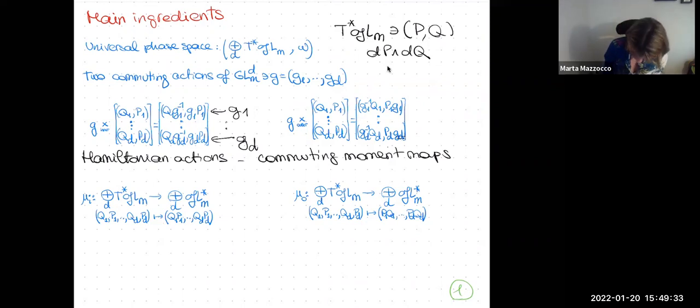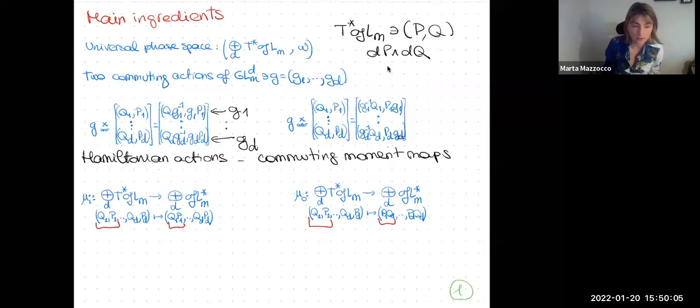So I map Q1, P1 to the product Q1 P1, and Q2, P2 to the product Q2 P2, and so on. This is the inner action. And the outer action is the other way around. So I will map the couple Q1, P1 into the product P1 times Q1, so in the other way. Okay, so these are the two moment maps of my two actions.